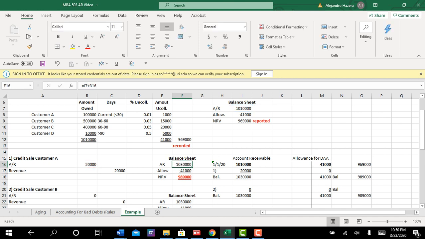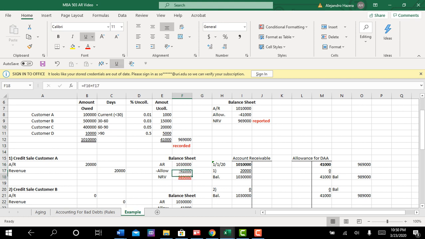So the receivables went up, but the allowance stayed the same. That's an important rule. When you make a credit sale, your receivable goes up, but you don't touch your allowance. There's no debit or credit there to the allowance account.